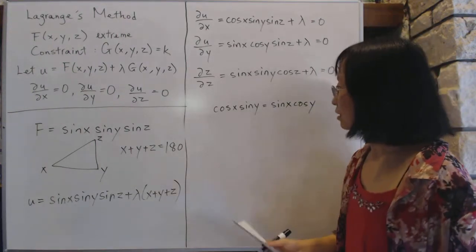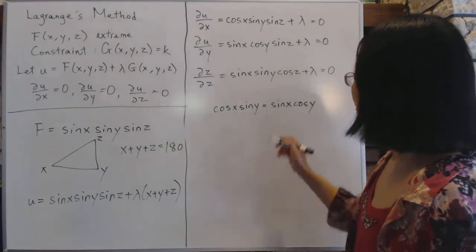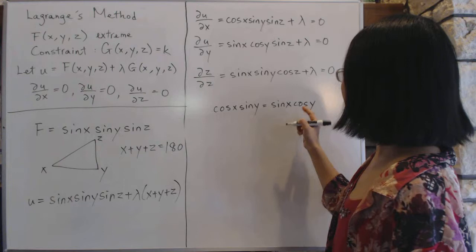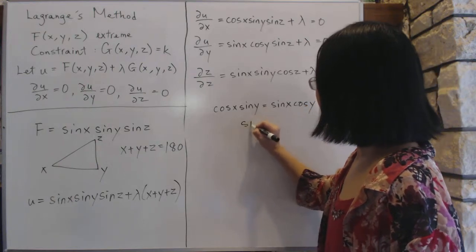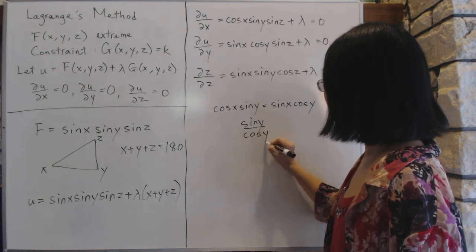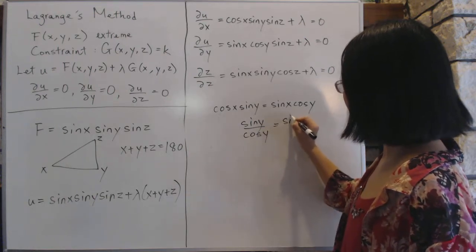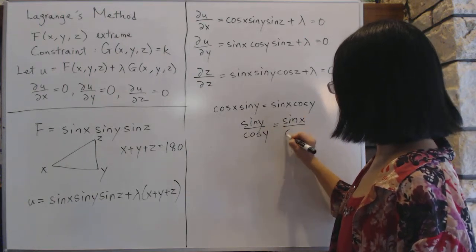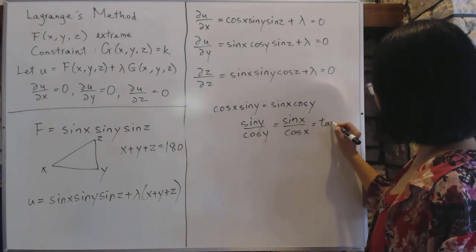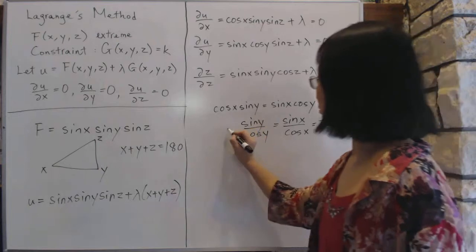And assuming that nothing is going to be 0 here, we will have sine y divided by cosine y equal to sine x divided by cosine x. And this, of course, is just tangent y, and this is tangent x.